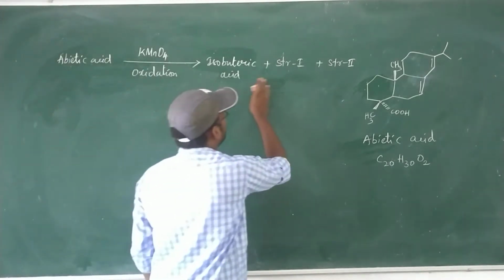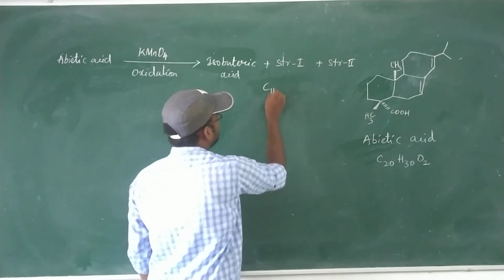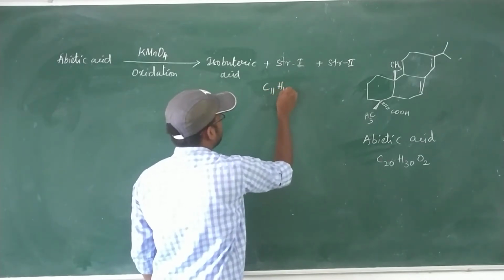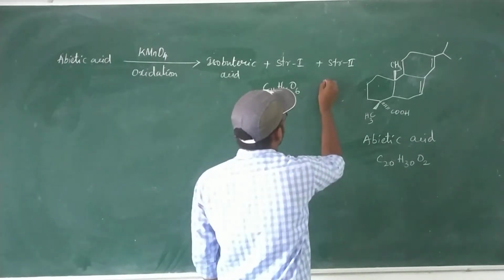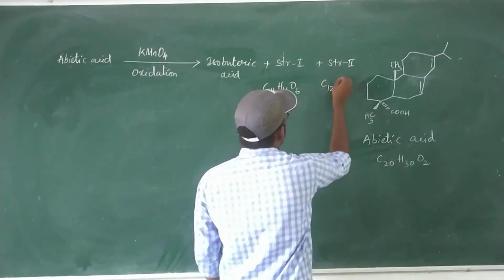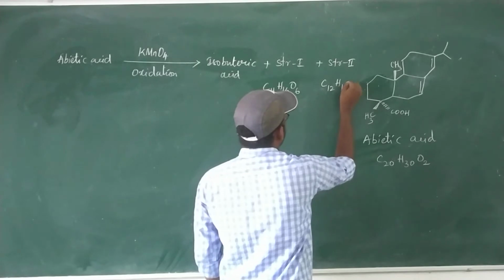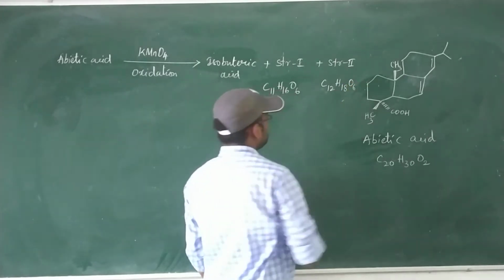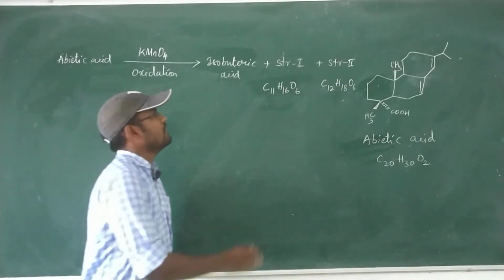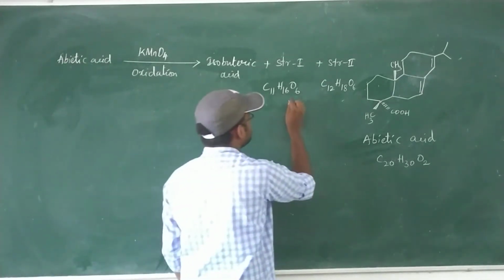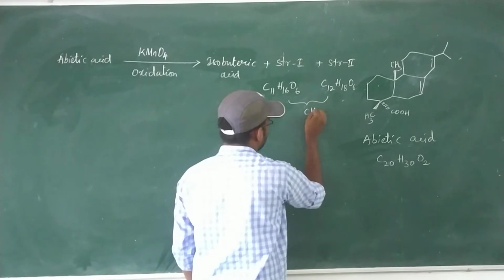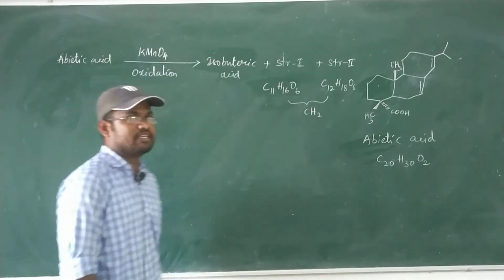Structure 1 has the molecular formula C11H16O6, and structure 2 has the molecular formula C12H18O6. From this we get the information that structure 1 and structure 2 differ only by a CH2 unit.